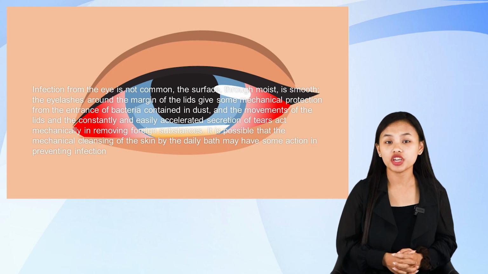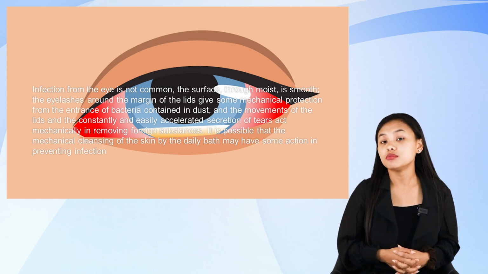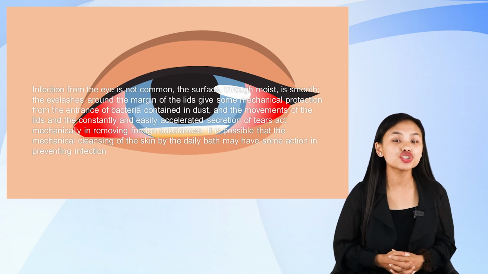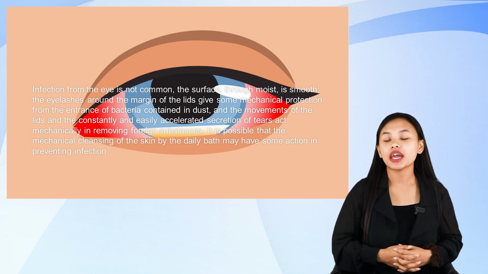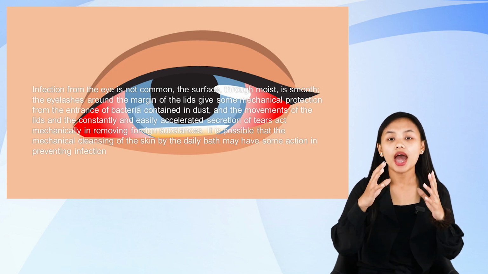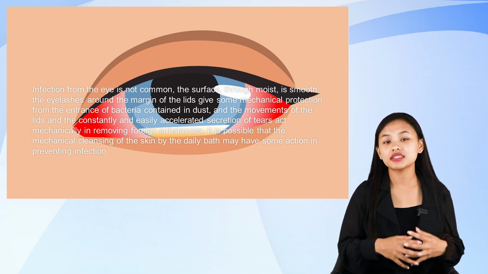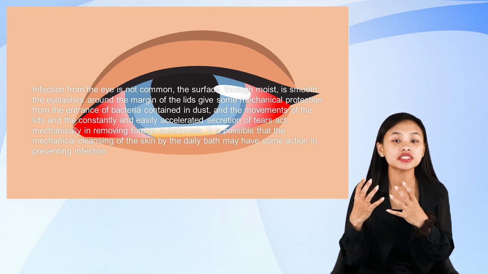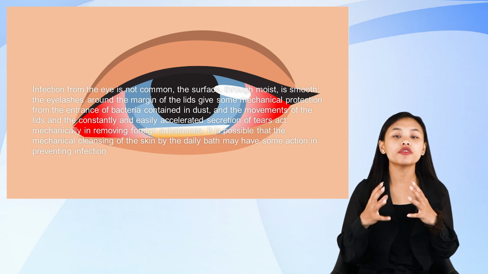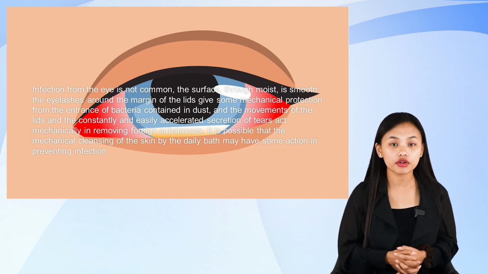The constant movement of the lids as well as the increased secretion of tears act mechanically in removing these foreign substances. It is also possible to achieve mechanical cleansing of the skin by bathing daily in order to prevent these infections from occurring. So this is about the external surface.